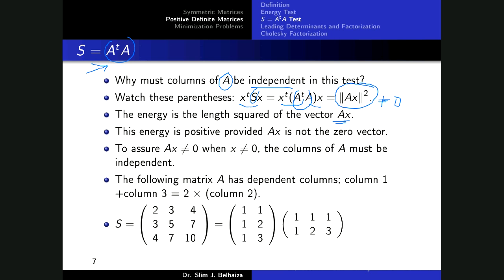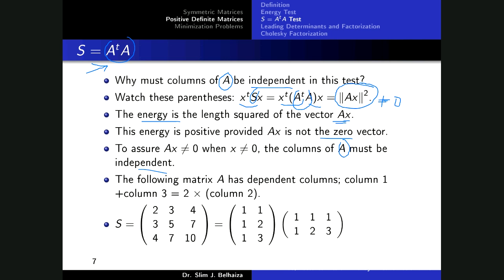Am I right? Okay, so the columns of A happen to be independent in that case. So the energy length of Ax, or the norm of Ax squared, needs to be strictly positive and Ax not the 0 vector. Okay, and this happens only when the columns of A are not 0.